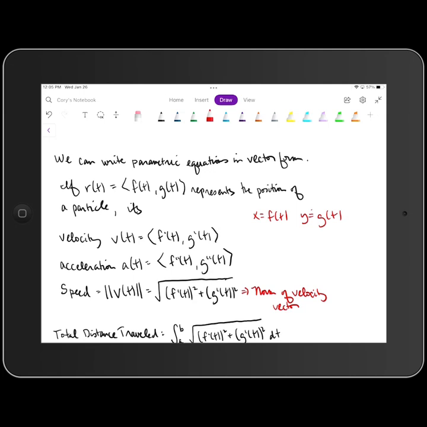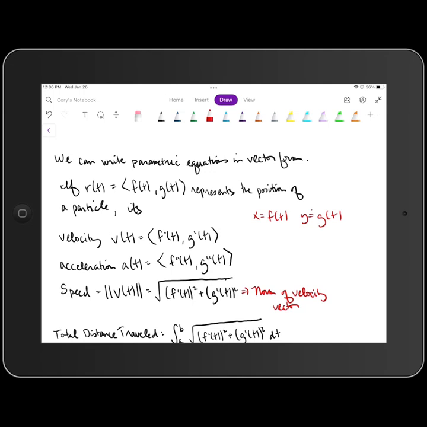So if we let r of t be equal to the vector with first component f of t and second component g of t, and that represents the position of a particle at any time t, what we're able to calculate then is the velocity vector, which gives us the horizontal component of velocity and the vertical component of velocity.